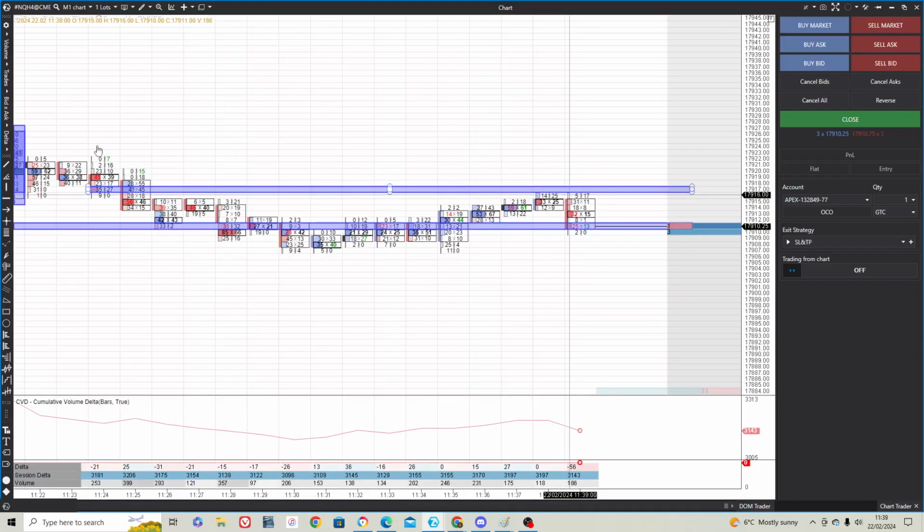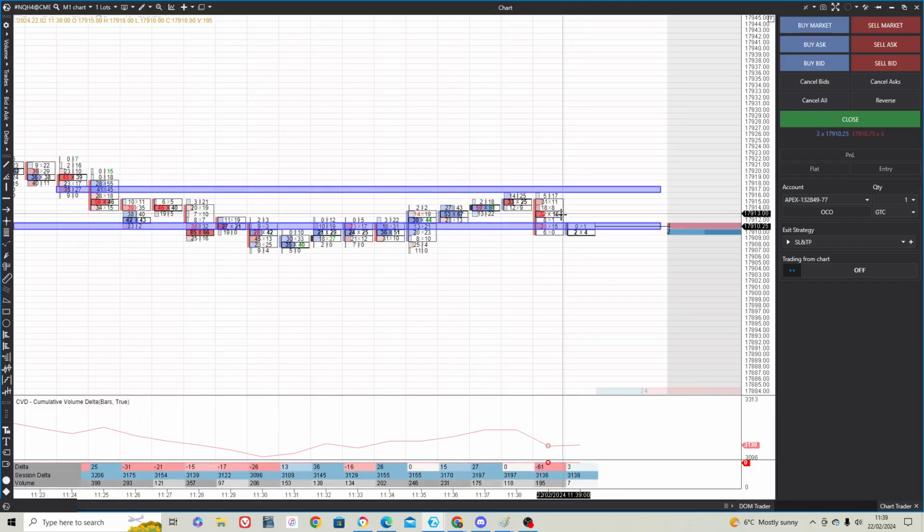Okay, good strong rejection from the point of control from the candle. So if we retest this level on a negative delta, I will consider a sell. Obviously, I'm going to do this in demo because it's a recording.